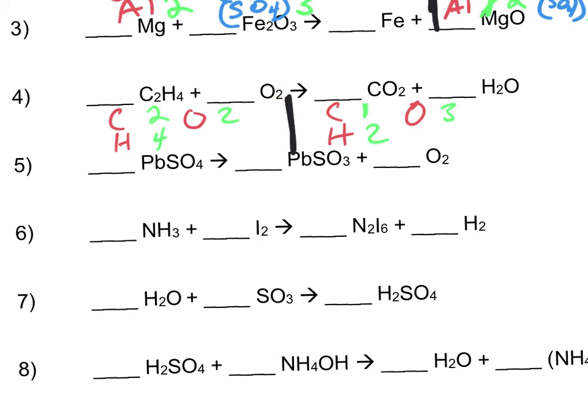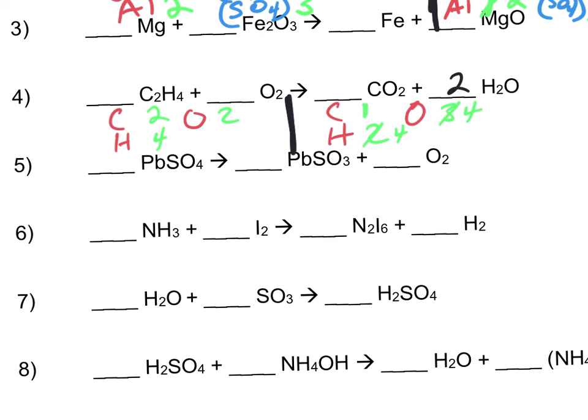So I am personally going to try to make the oxygen on the product side even. So I'm just going to throw a random 2 here. And what that did is I now have 2 oxygens plus 2 more oxygens. I have 4 oxygens. And I also happen to balance hydrogen.